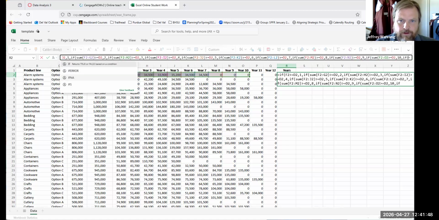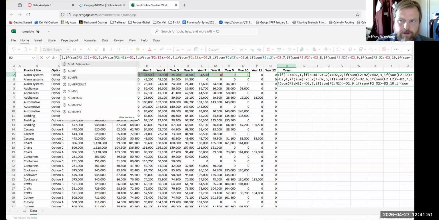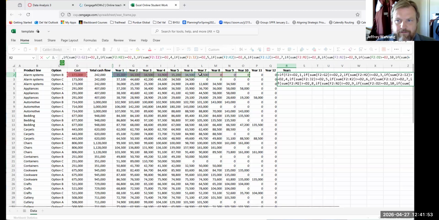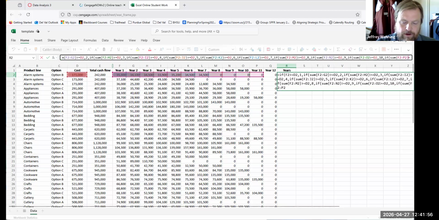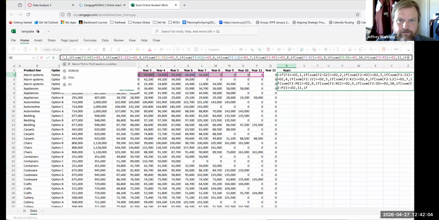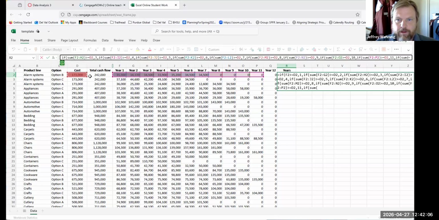Otherwise, if the sum of years 1 through 11 is greater than or equal to the initial cost, then return an 11. Otherwise, if the sum of 1 through 12 is greater than or equal to our initial cost, comma, return a 12. Otherwise, I'm going to return a 9999. And then we have to close all of our parentheses.